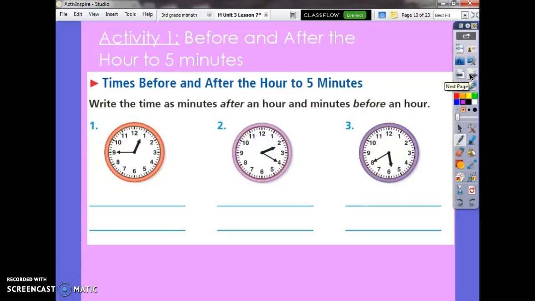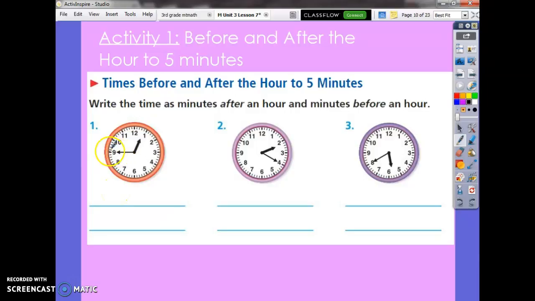We're getting to your page. Okay, it says write the time as minutes after an hour and minutes before an hour. Okay? So this is between the 12 and the 1. So I know it's 12 o'clock because it's not at the 1 yet. So that means it has to be 12 something. Okay?